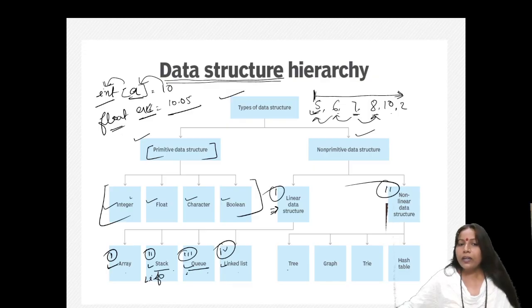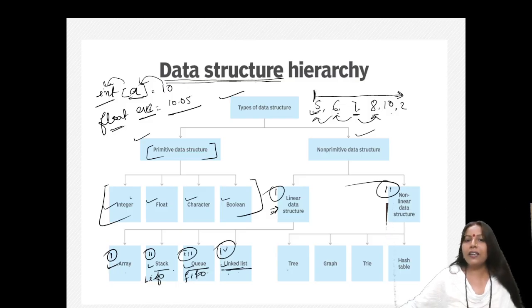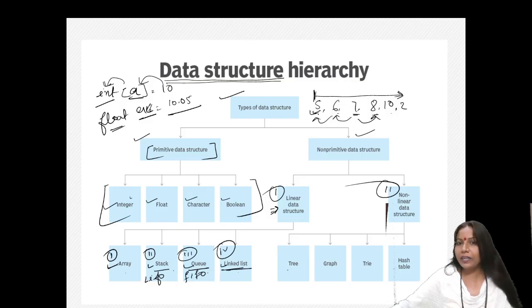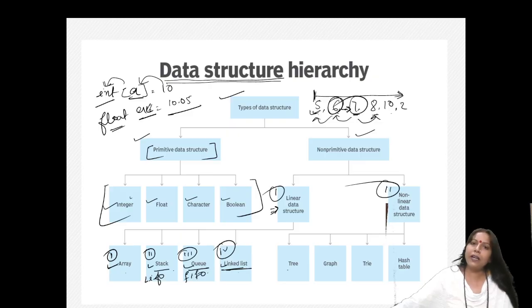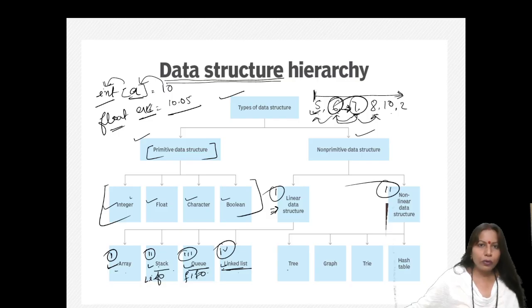Queue की अगर हम बात करें, this will perform first in first out operation. और linked list की अगर हम बात करें, this will also represent our data sequentially, where each element holds the address of the next element. ओके, so I will try to discuss each topic in detail one by one. The first one array, second stack, third queue, and the fourth linked list.